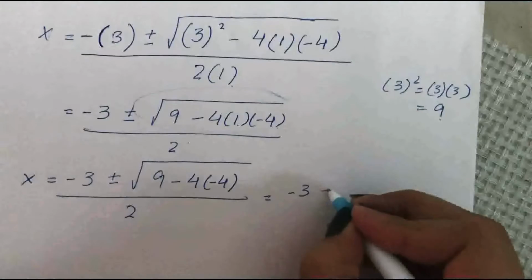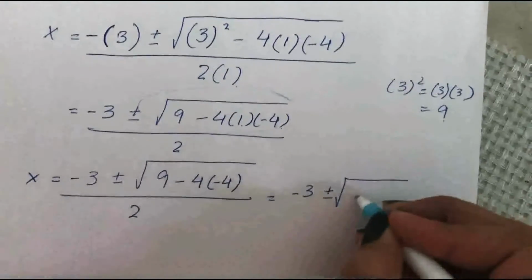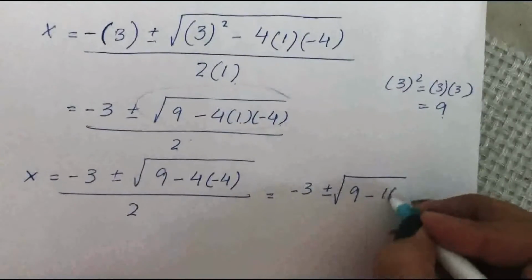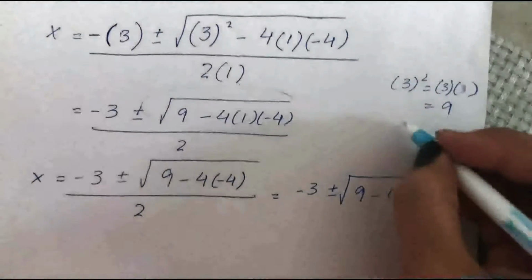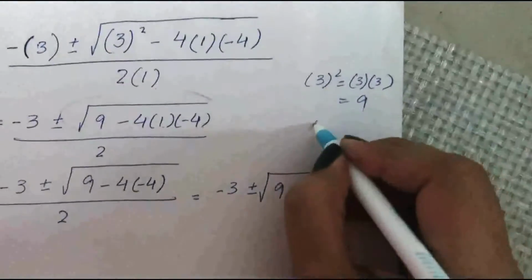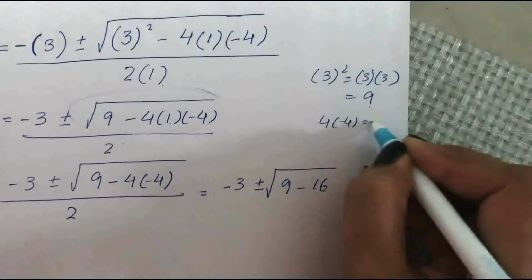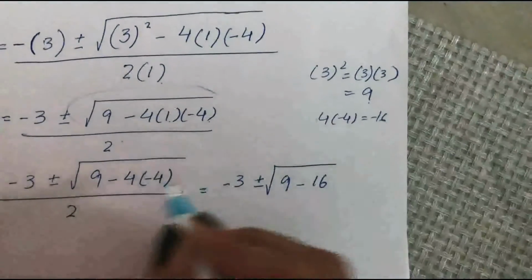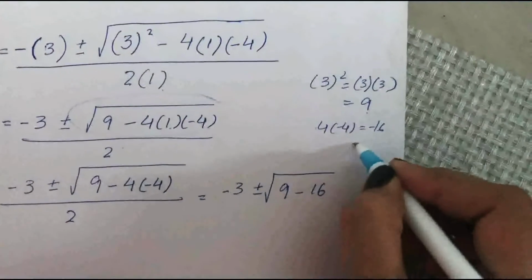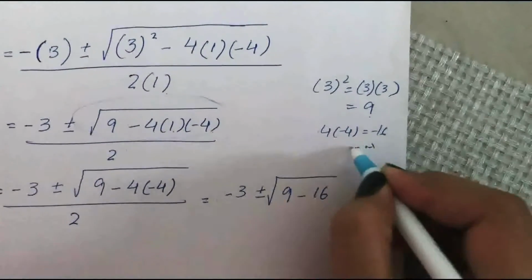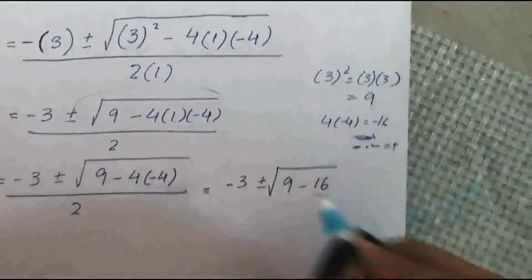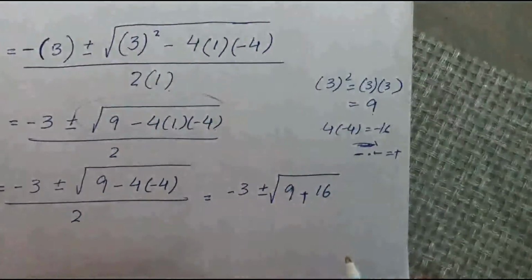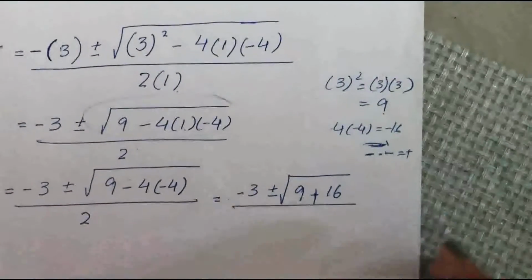Let's copy down the first part: 9 minus, and since we have a negative right here, negative 16 times negative gives us positive. So this changes into positive. I hope this makes sense to all of you.